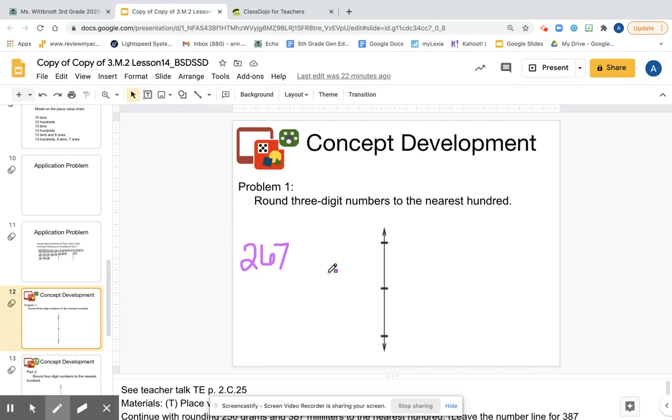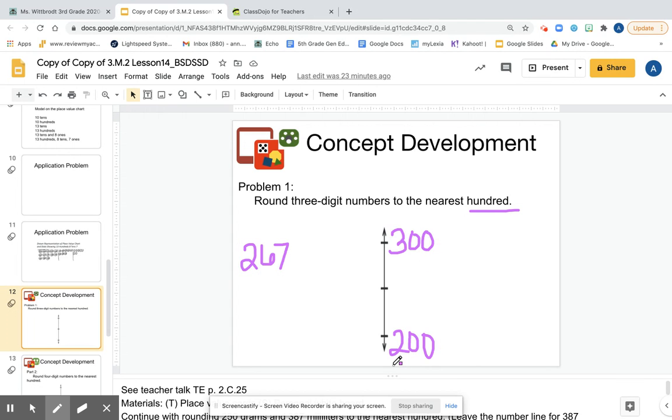We're going to round the number 267 to the nearest 100. So we got to think about, what are the 100s that 267 is in between? Well, if we go all the way to the bottom, the lowest is 200, and the next 100 I would get would be 300. So 200 and 300 are going to be my bottom and my top.